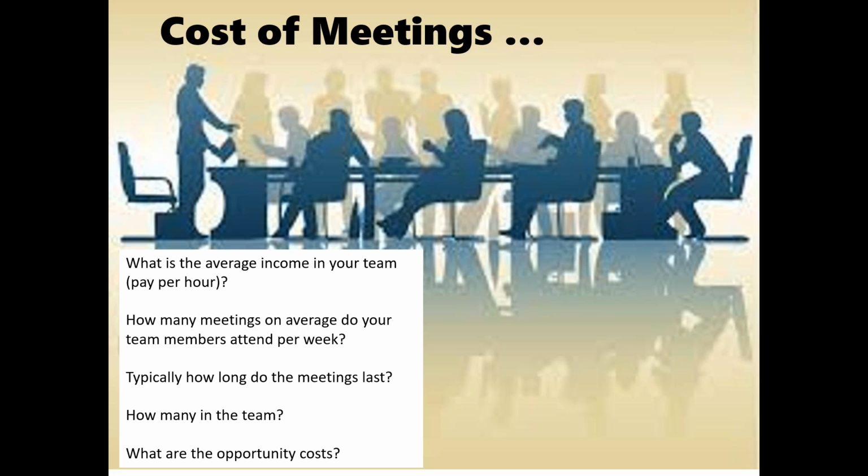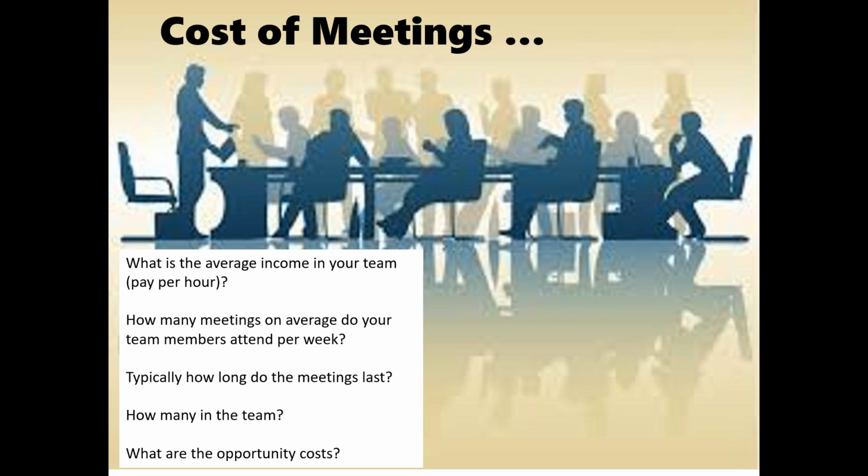Then we work out how many meetings on average your team members attend a week. Now, they may not be meetings that you're involved in, but these may well be other meetings inside the organisation and beyond the organisation. So you calculate that.